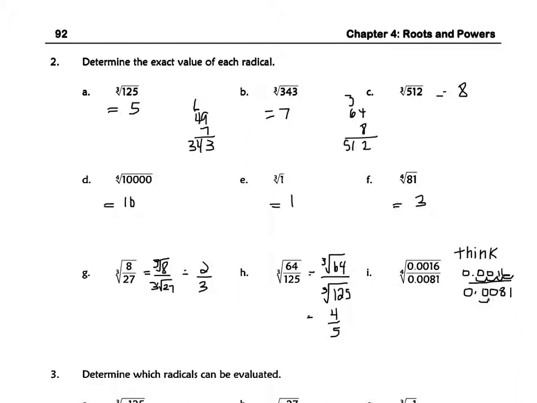And this one here, same thing. Move it 4 places to the right. We would end up with the fraction underneath that root sign being basically 16 over 81. So therefore, we'll be finding the fourth root of 16 over 81, which would be the fourth root of 16 over the fourth root of 81, which is equal to 2 over 3.